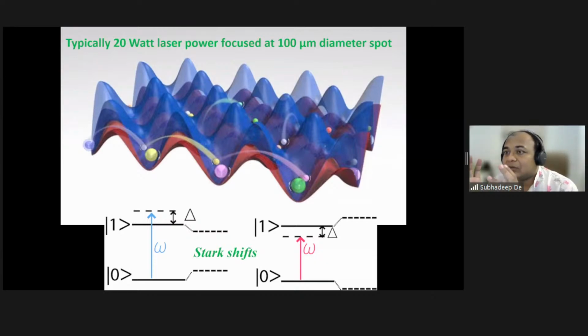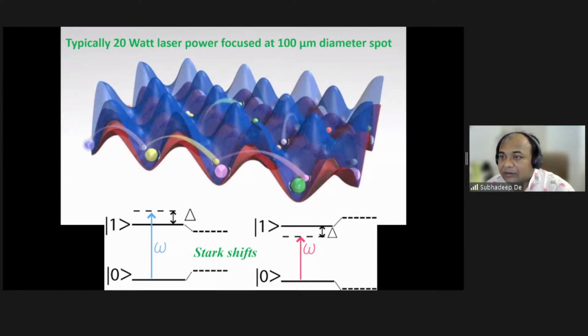And you are creating them with very high power lasers. That will again produce a light shift, as I explained. So the energy levels of the clock transitions will be shifted due to these high power laser beams, like a Stark shift. That's what you see here. The excited and ground state will be shifted from the clock transition. So basically, that will not allow you to measure the actual transition frequency. That's not what we want.